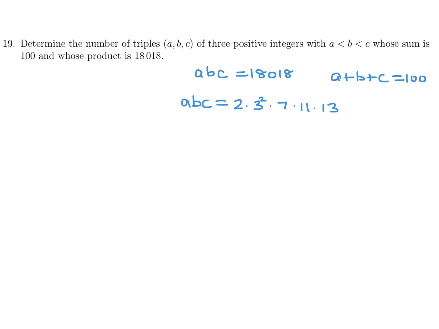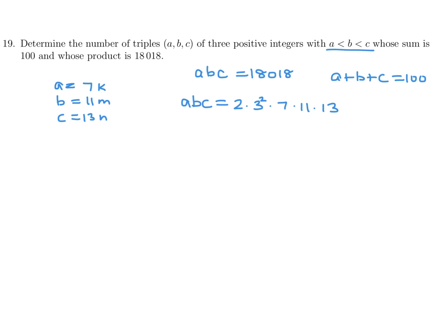Okay, so I think perhaps we can set this up so that a is less than b less than c. So let's make a some multiple of 7, b some multiple of 11, and c some multiple of 13.